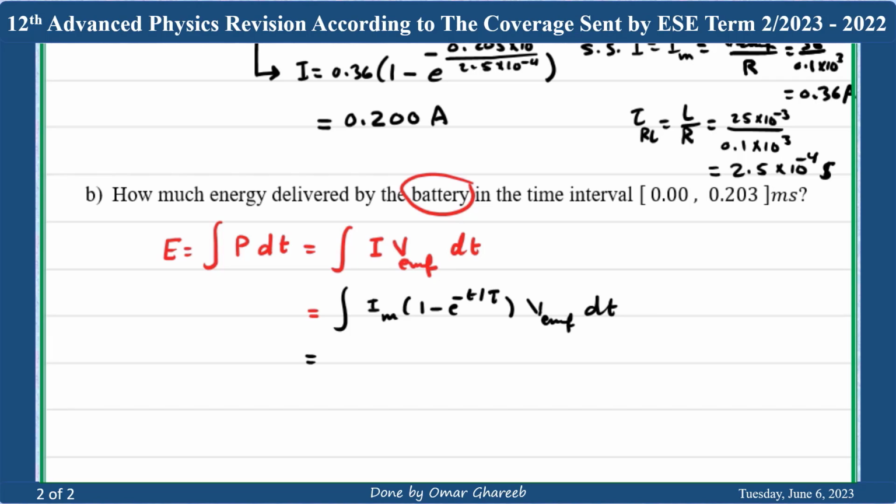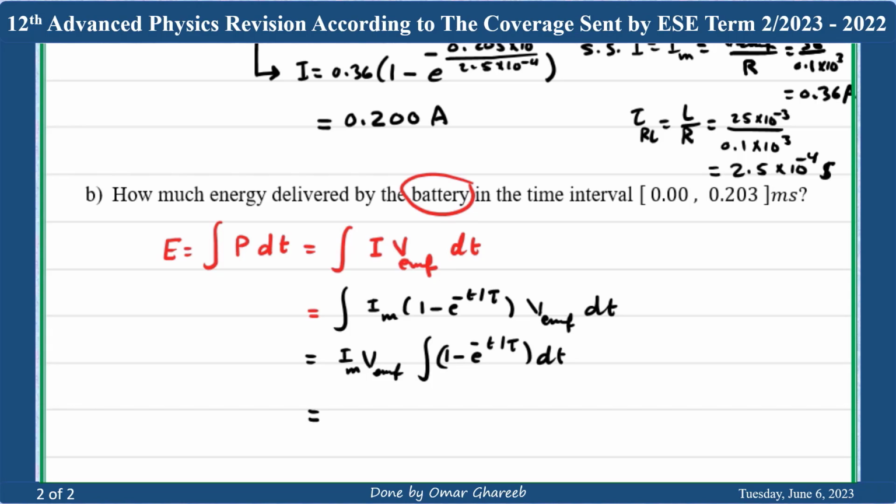Now it becomes I maximum times DEMF, they are constant, and the integration is 1 minus e to the minus t over tau dt from 0 to some time.